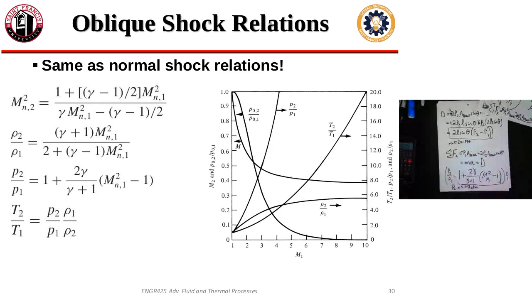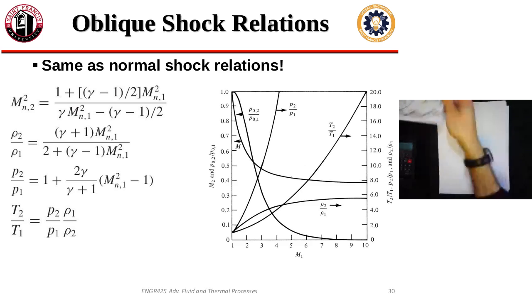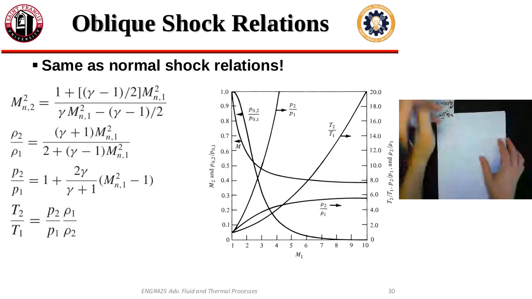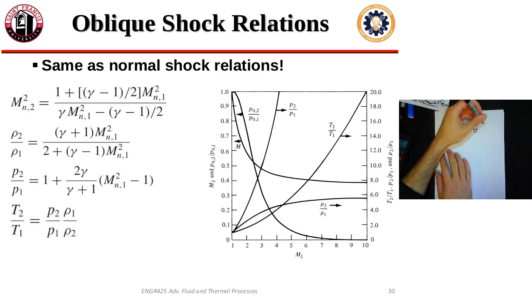So if we say that our wedge is 1 meter long, that means that I can just recopy my equation quick.